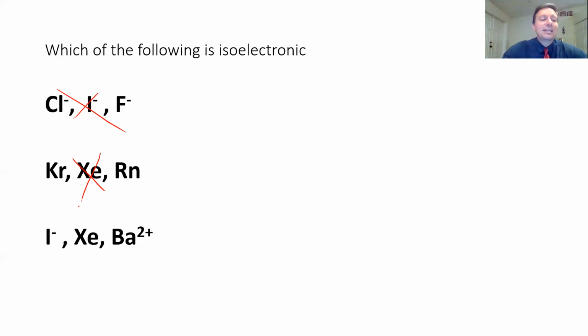So let's look at this last one here. We have iodine as a 1- charge, which means it's configured like xenon. We have xenon written there, and then it has barium. Well, barium, if you look at the 6s2, will lose both of those, fall back to the 5th energy level, and that's xenon.